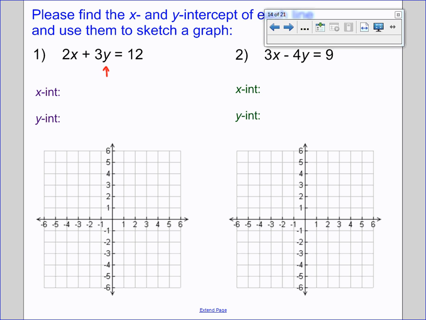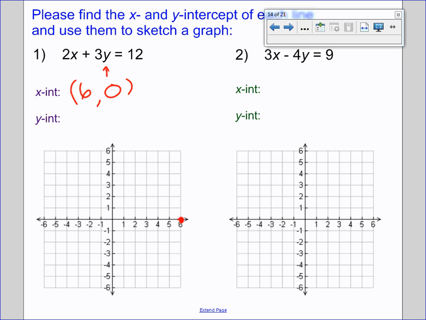We'll simply plug in 0 for y and solve for x. If we were to plug in 0 for y and solve for x, the result is a baby equation. That y term will drop off in its entirety, and I get 2x equals 12. So what must x equal when y is 0? 6. Therefore, my x-intercept is (6, 0). Thank you for writing that as a point.